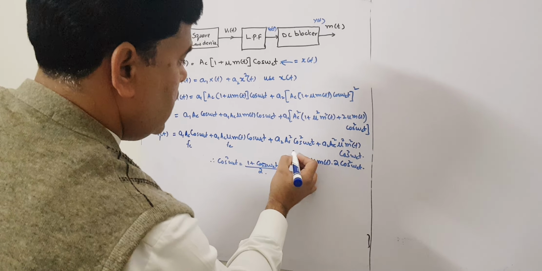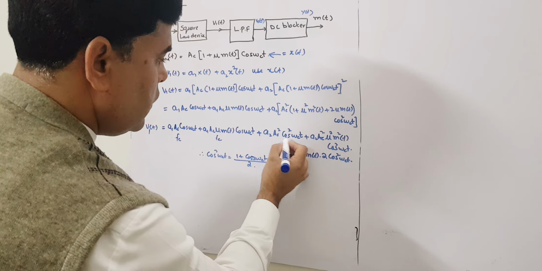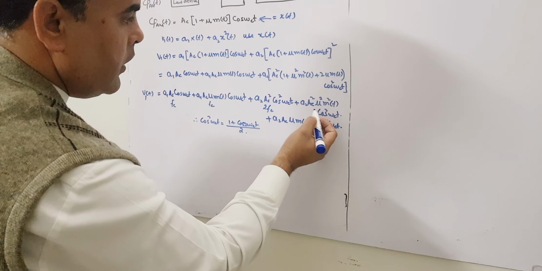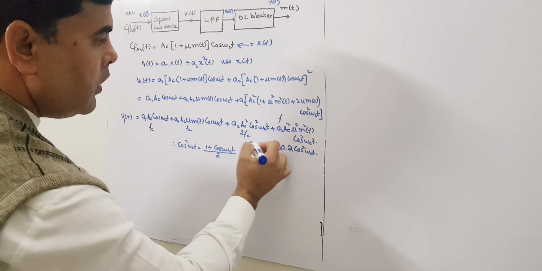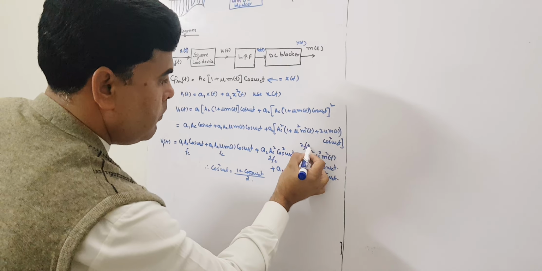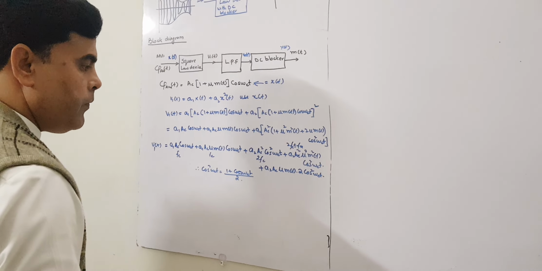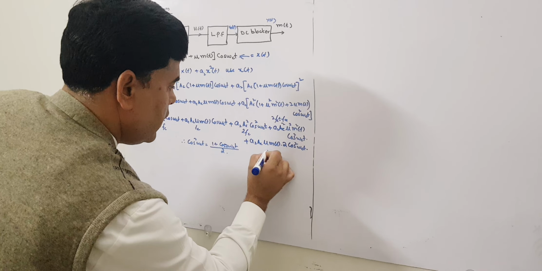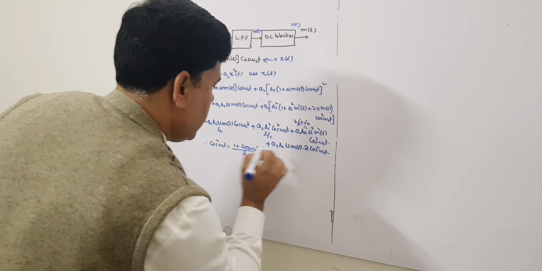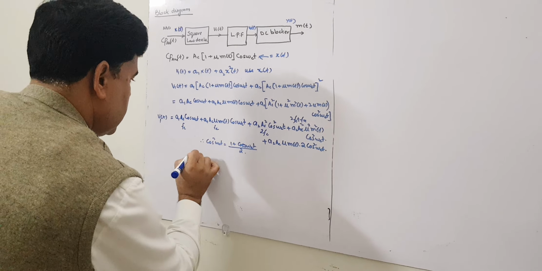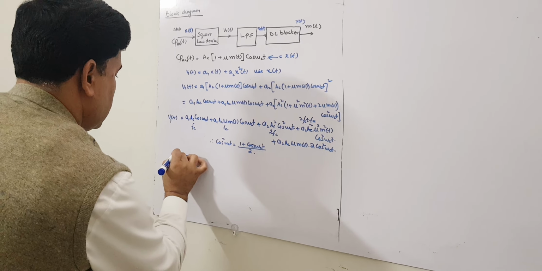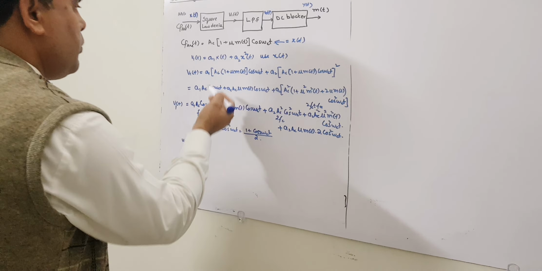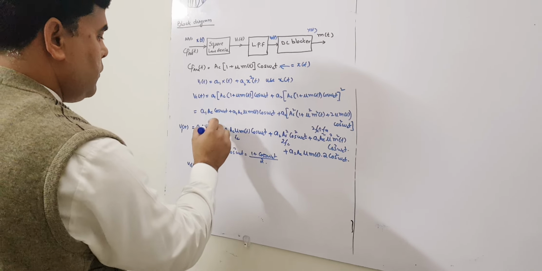The frequency of this signal, since it is cos square, is 2fc, and the frequency of this signal is 2fc plus or minus fm. So this one is basically y1(t), and if you pass that signal through the low pass filter, this will be cancelled.